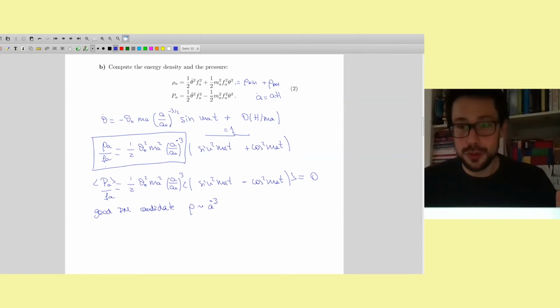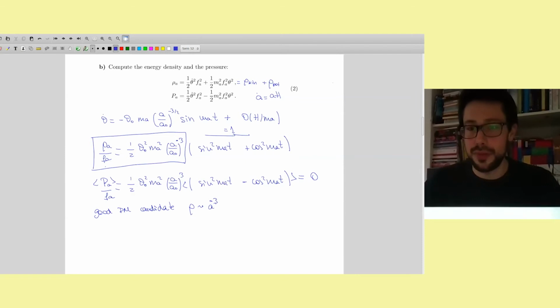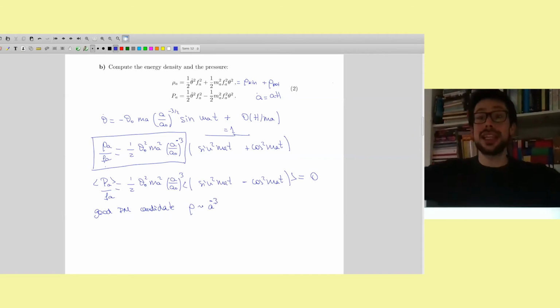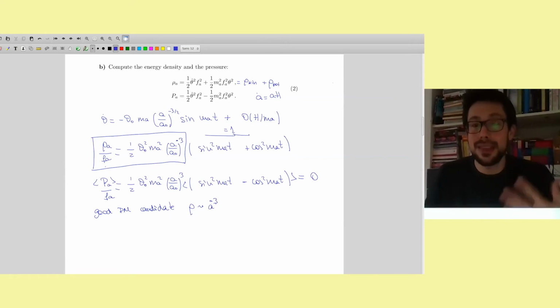It is important to note that even though the redshift behavior of the axion is the same as non-relativistic particles, as dust, fundamentally it is a completely different dark matter candidate, right? Because it's not that we have different axion quanta that are basically like different balls in space that are getting diluted. The physics is completely different. What we have is an oscillating scalar field that happens to redshift in the same way as matter does.